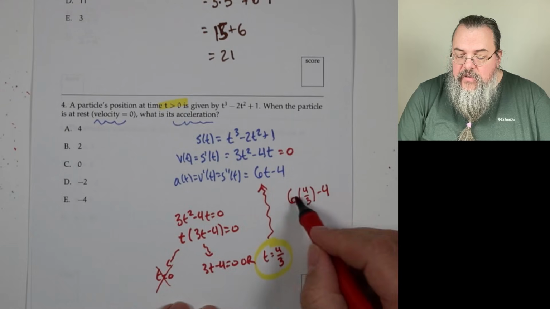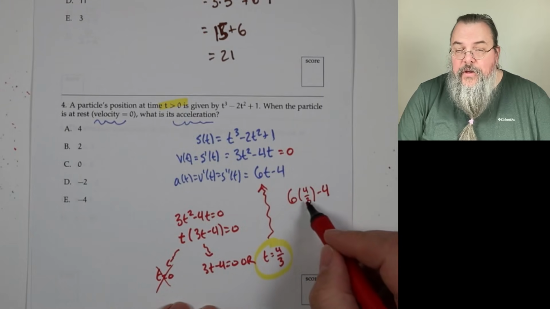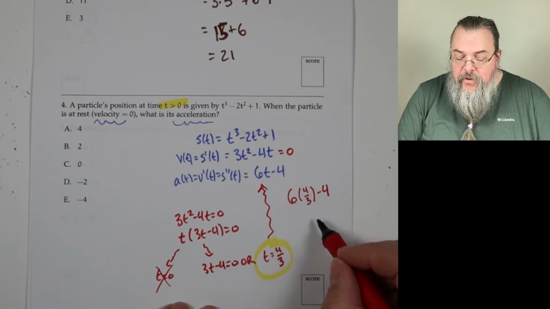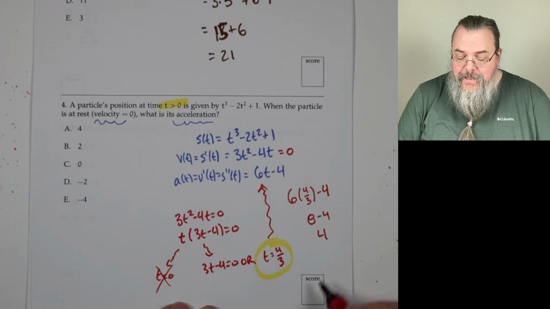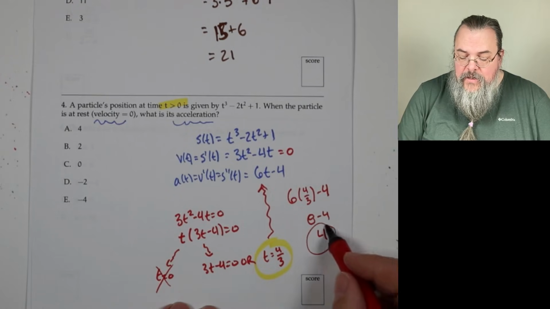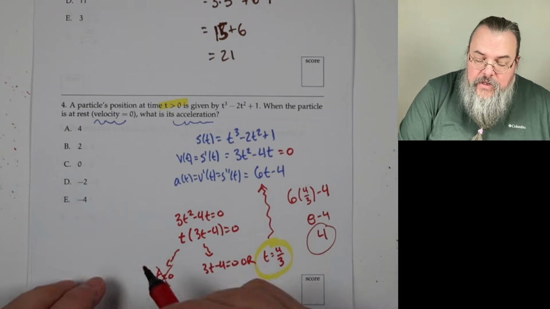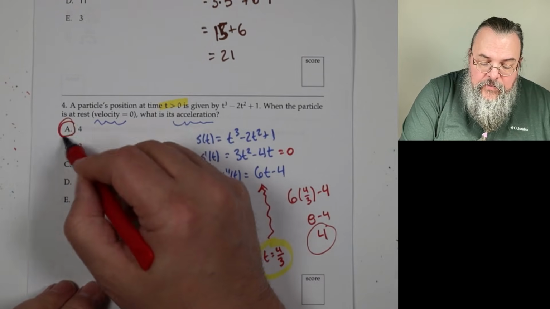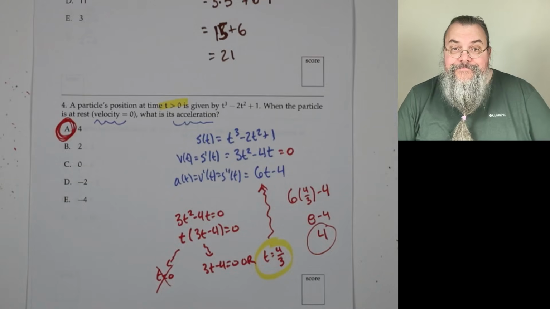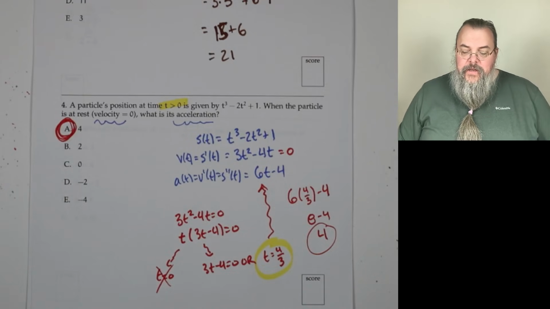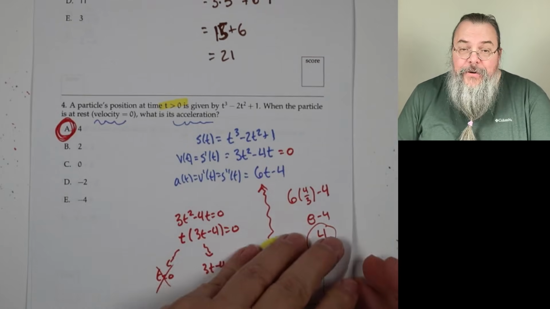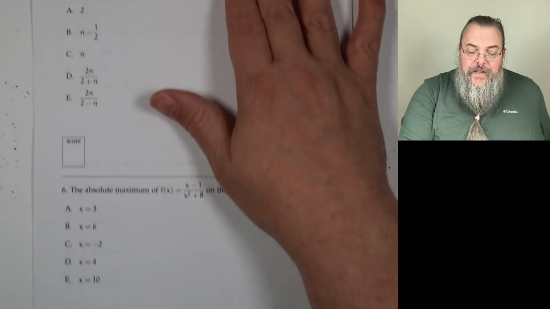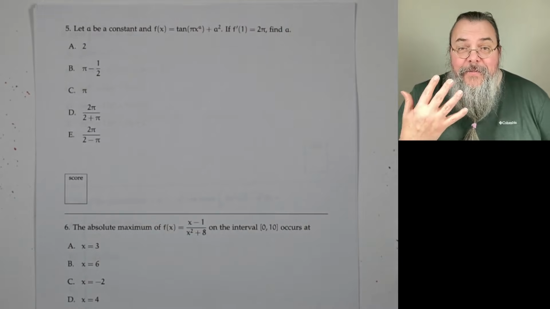Well, 3 goes into 6, so that becomes 2. 2 times 4 is 8, and 8 minus 4 is 4. And so our answer, what is its acceleration? It's 4. All right, and there we go. Okay, we're halfway through our multiple choice. Let's go to number 5.